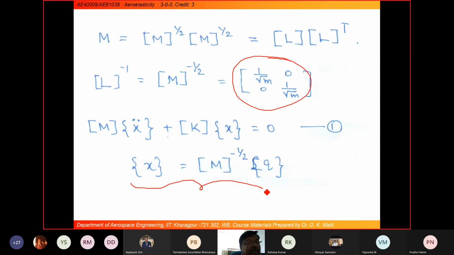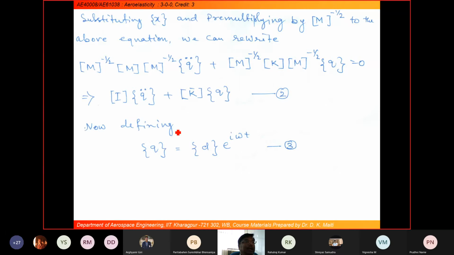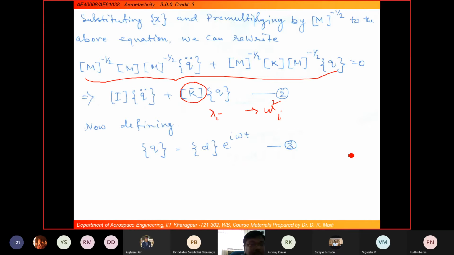And after doing this transformation, x equal to M inverse square root into q, and then I am getting the mass normalized stiffness matrix, where k bar is nothing but lambda I or omega I square. This is omega I square. Is it clear?